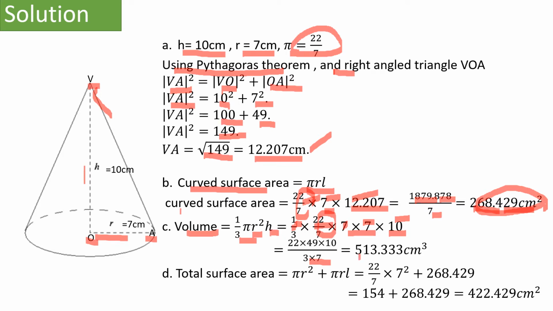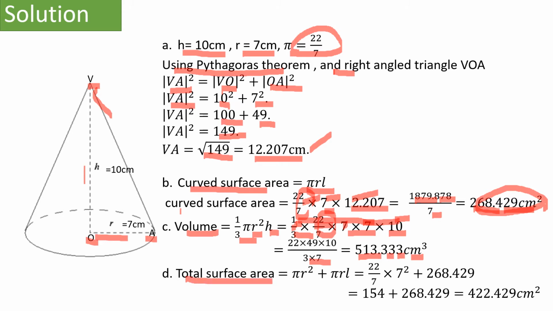We will get the answer to be 513.333 cubic centimeters. So what we have to do is multiply all the top numbers, divided by the bottom. Then you get 513.333 cubic centimeters.